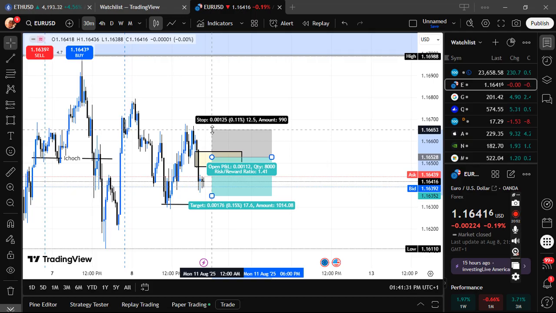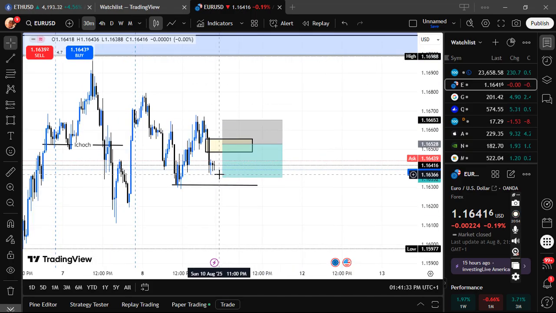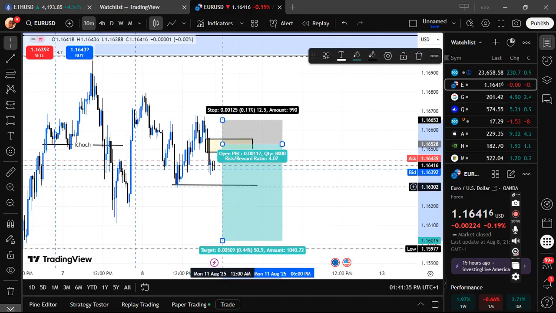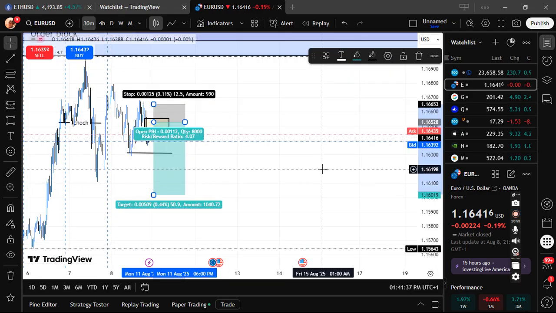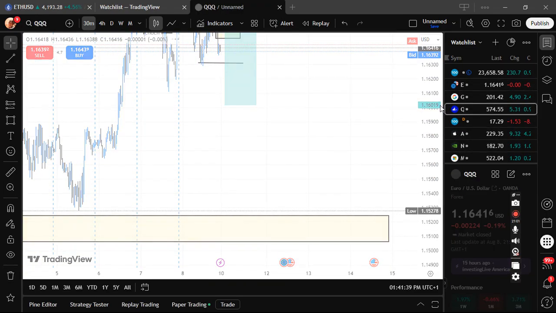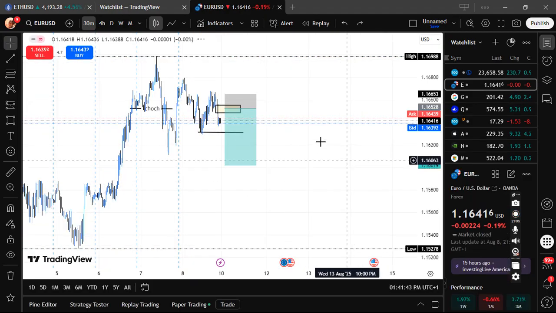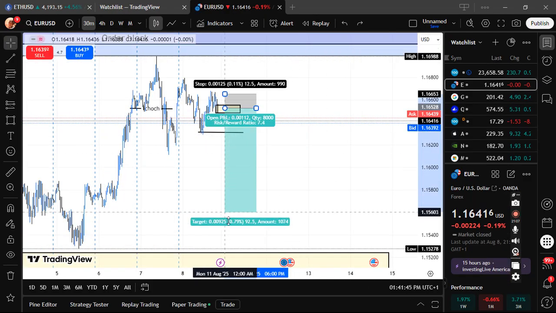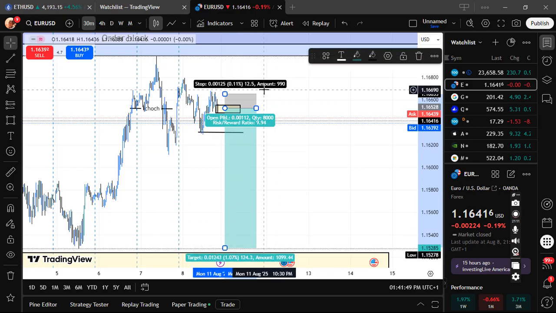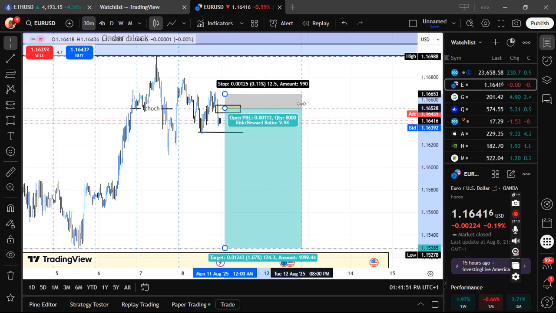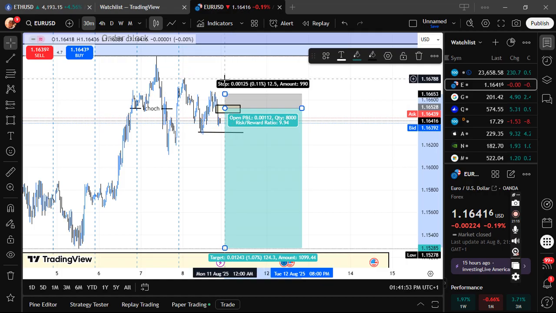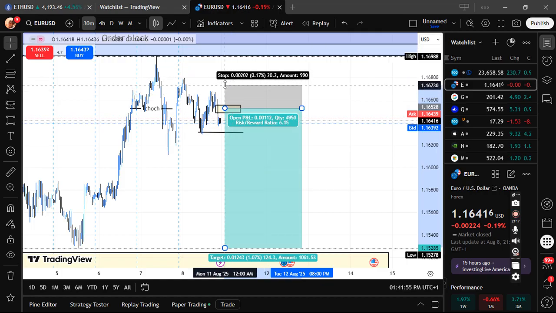risk management. So I want my SL at this level, targeting, you know where we're targeting. This is going to cause a lot of movements, targeting something like this. I still need to give myself a nice breathing space.